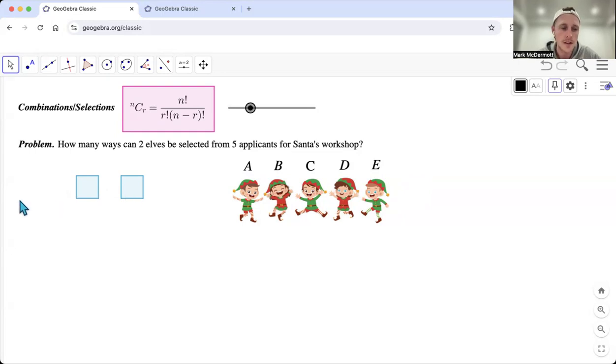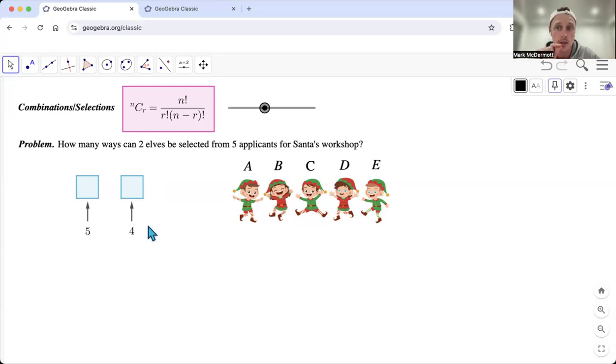Now, I think you would agree that there would be 5 options for the first position in the workshop, because there's 5 applicants, assuming they're all equally qualified. Anyway, don't worry about that. And you would agree then that in this second position, you can only select from 4. So you would get 5 multiplied by 4, which is 20 ways that you could arrange 5 elves into 2 positions.